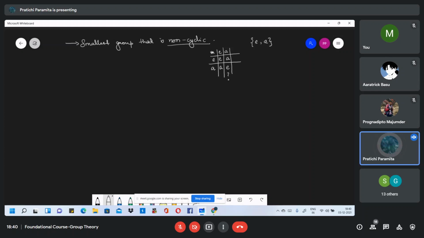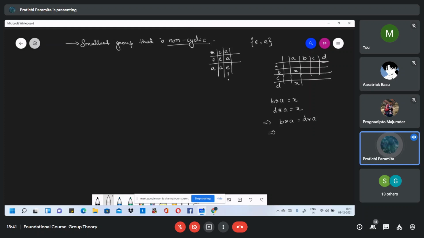Why? Because suppose I have a Cayley table, maybe say A, B, C, D, A, B, C, D, and say I have some X and X here. This is going to tell me that BA is X and DA is X. So this means BA is DA.